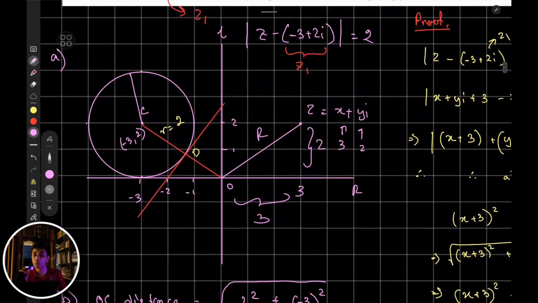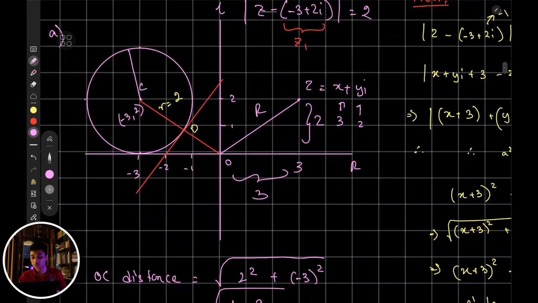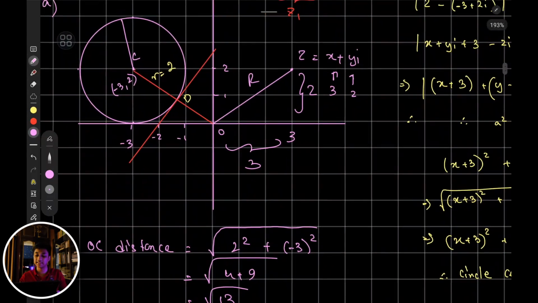You're trying to find the modulus or the shortest distance, the magnitude. So what do you do? Pythagoras theorem, r squared is equal to 2 squared plus 3 squared. R is root of 2 squared plus 3 squared, and you get the modulus z, meaning the distance between the complex number and origin.